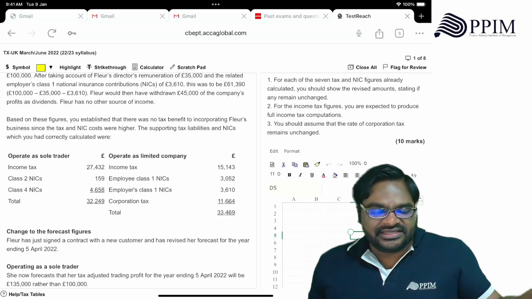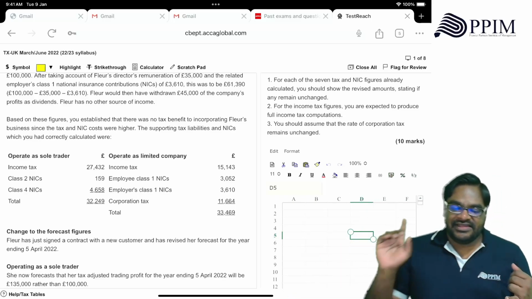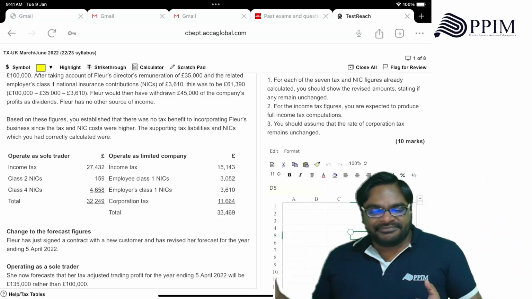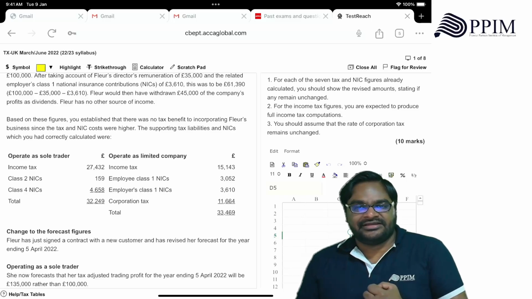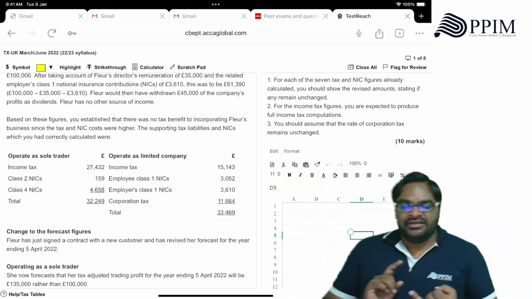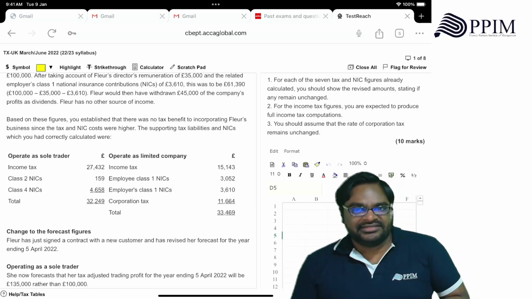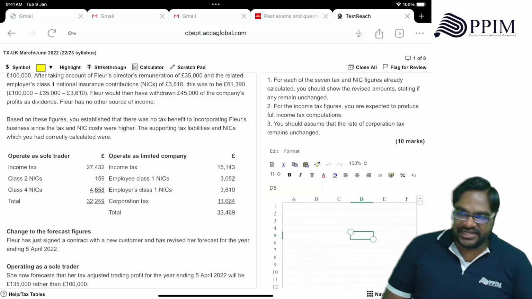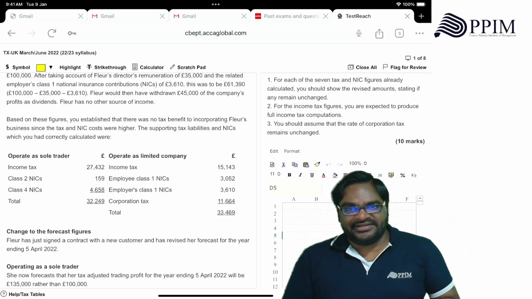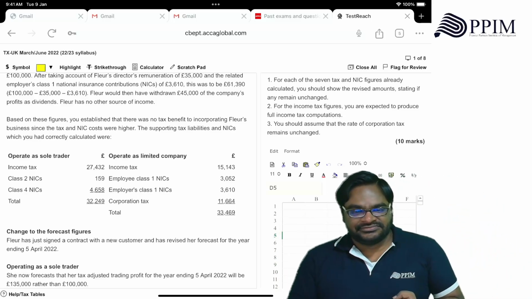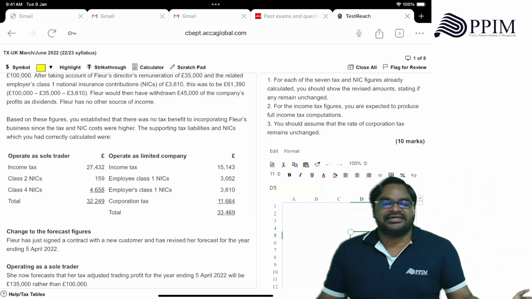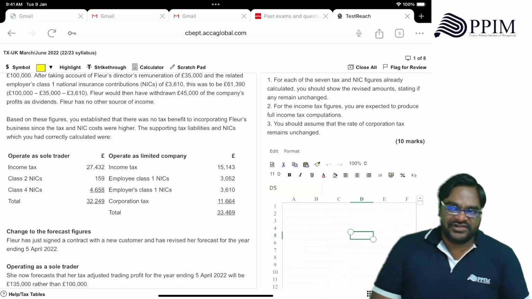If she is a sole trader, she will have to suffer income tax, class 2 and class 4 NICs. But as a company, again she will have to suffer income tax on her employment income and the dividend income. Her class 1 employee NIC would be there for her salary, as the company will also have to pay a class 1 NIC on her salary. Then the corporation tax. So all together, all these taxes are supposed to be paid by Fleur at the end of the day.